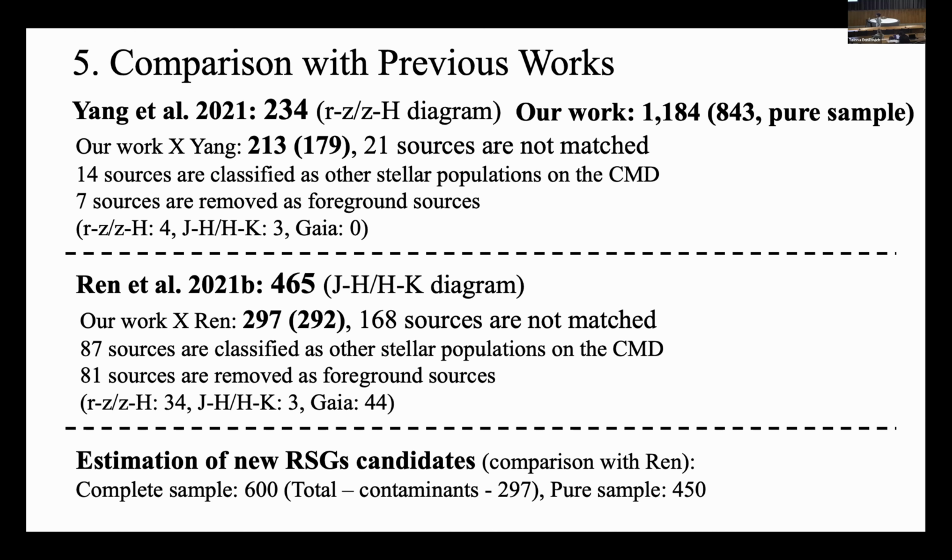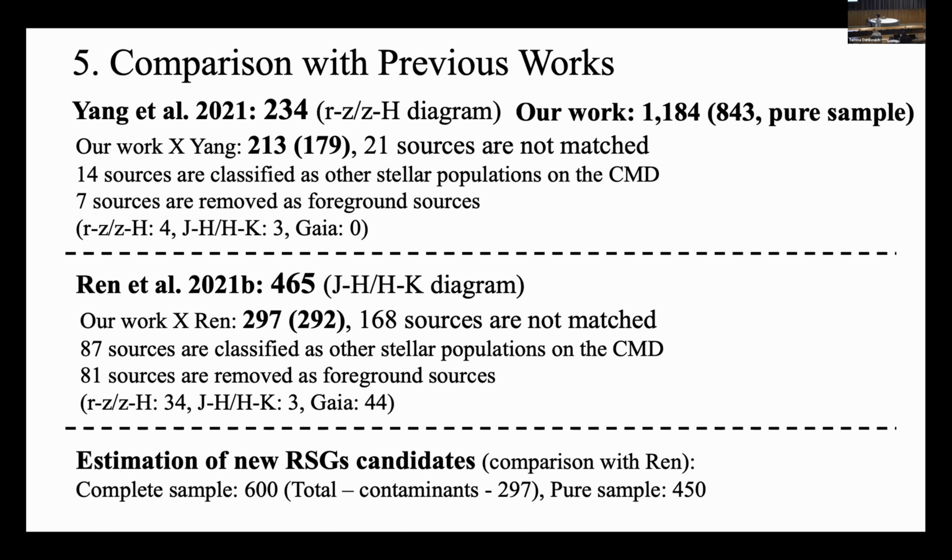And Zhiwen et al. 2021b identified 465 RSGs, mainly by the G-H, H-K diagram. And 297 sources are matched with Zhiwen's work. For the 168 mismatched sources, 87 sources are classified as other stellar populations on the CMD, and 81 sources are removed as foreground sources in our work.